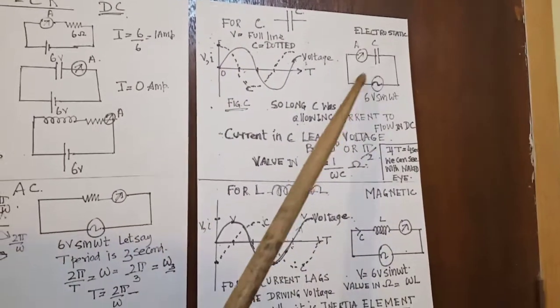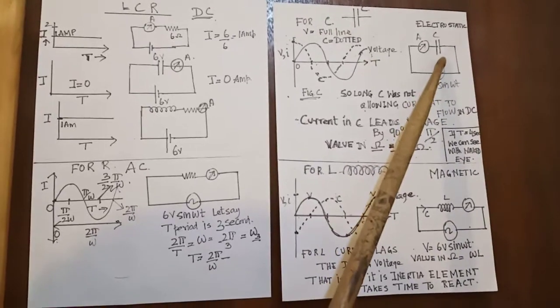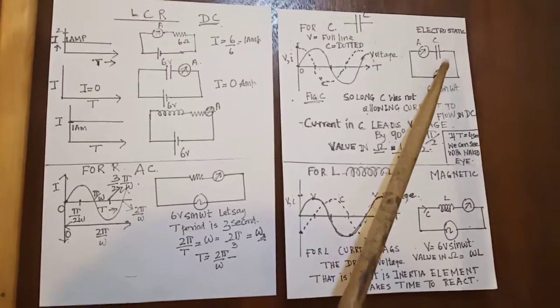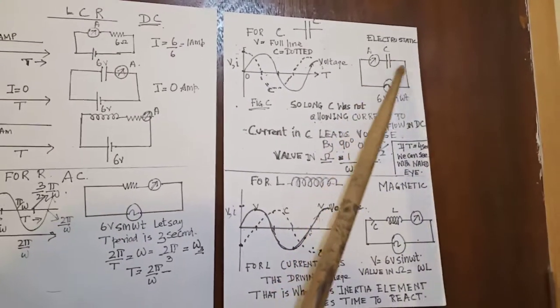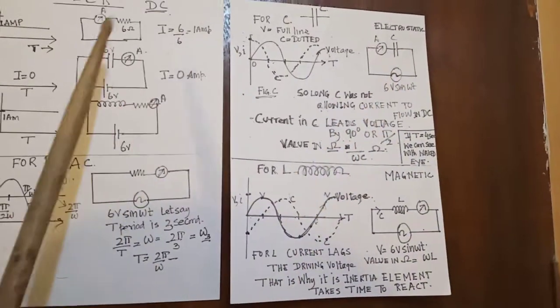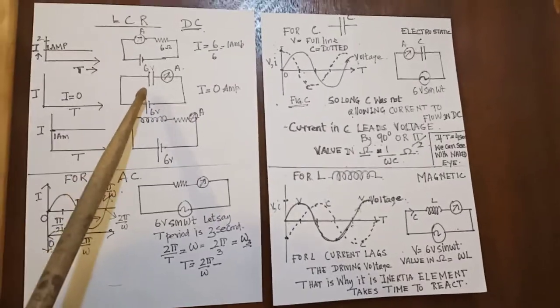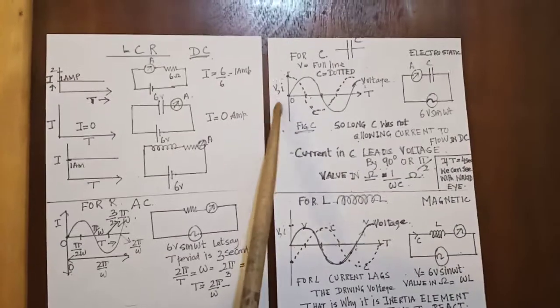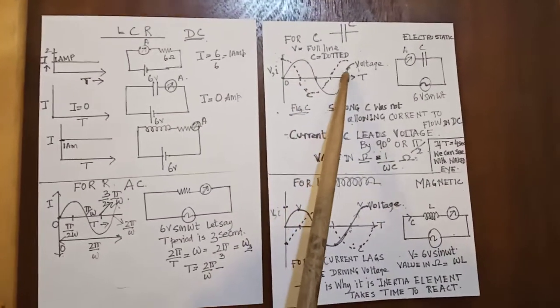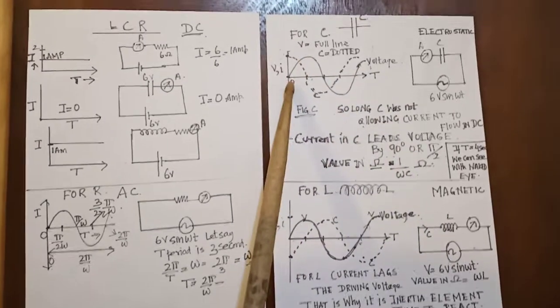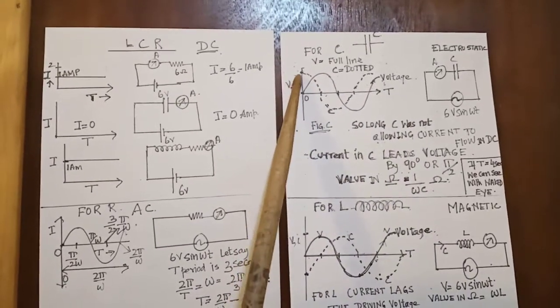Now, for capacitance, with AC, capacitance is very happy to receive the current. That means capacitance conducts the current. In the previous case, capacitance does not conduct DC, but now with AC it is conducting. The full line is the voltage, and the dotted line is the current.